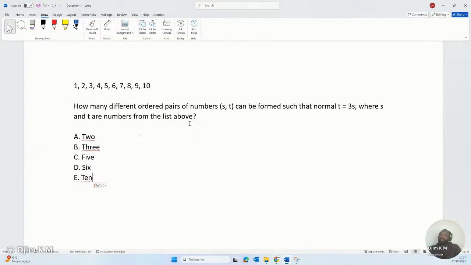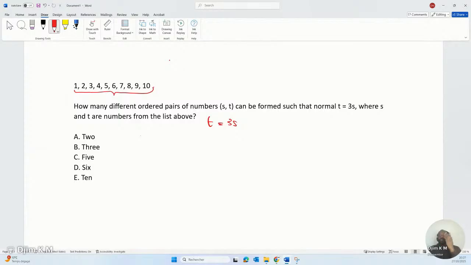Okay, so if T is equal to 3S and T and S are from this list of numbers, we need to form pairs here.